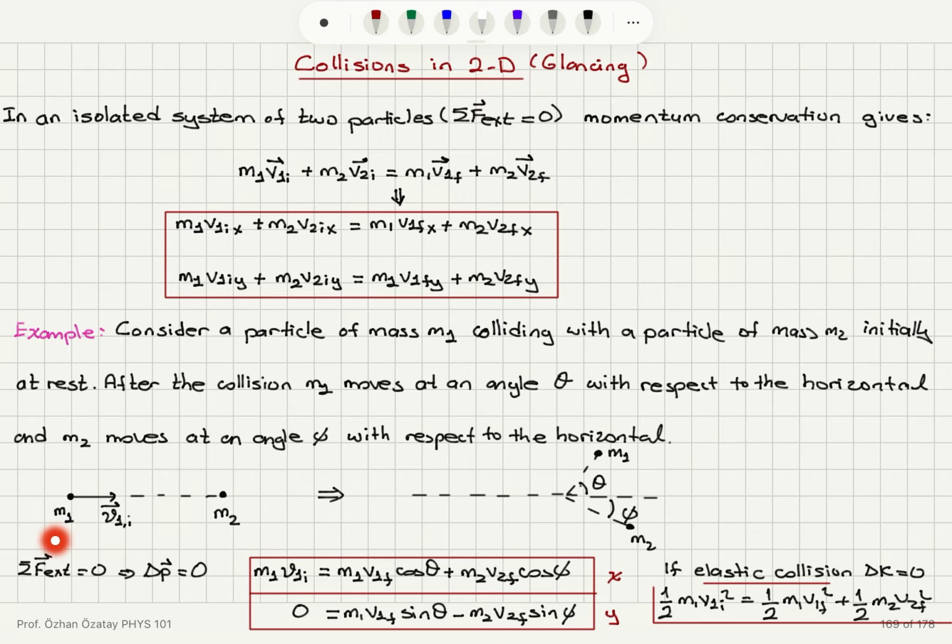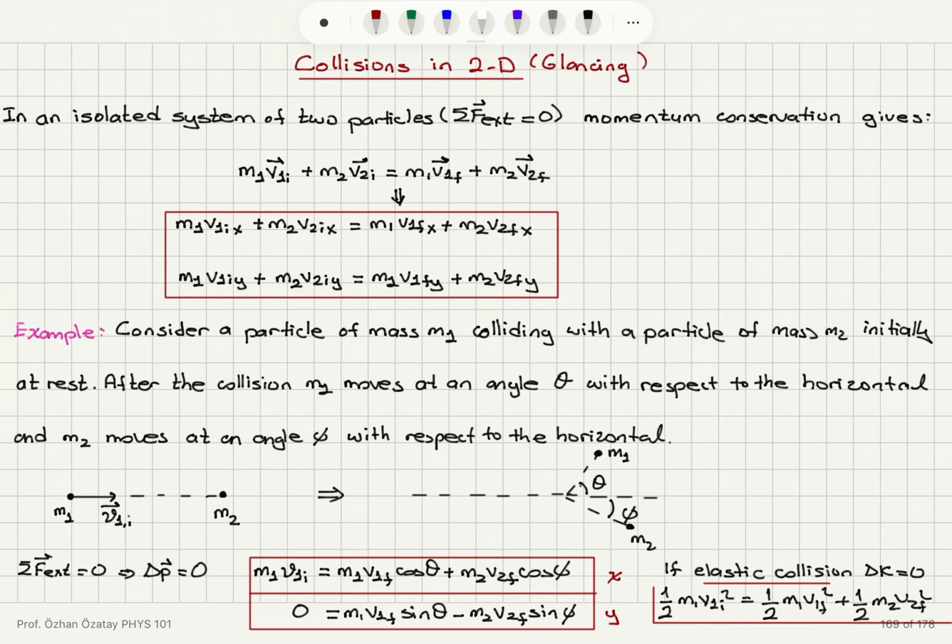So in this situation, since we have net external forces equal to zero, we have linear momentum conservation, and we can write this for x components. Now, since m1 is moving on the x-axis, we have m1 v1 initial as the initial momentum. m2 was at rest, so there's no contribution from m2. This must be equal to m1 v1 final cosine theta plus m2 v2 final cosine phi.